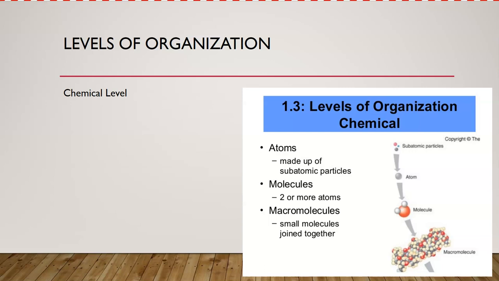So H2O, two atoms of hydrogen, one atom of oxygen makes up what? Water. Those are known as molecules. Molecules join together to make macromolecules. This is known as the chemical level, and it is the organization of atoms to create molecules and molecules to create macromolecules.